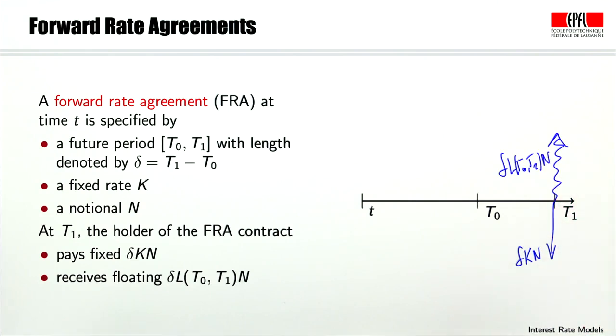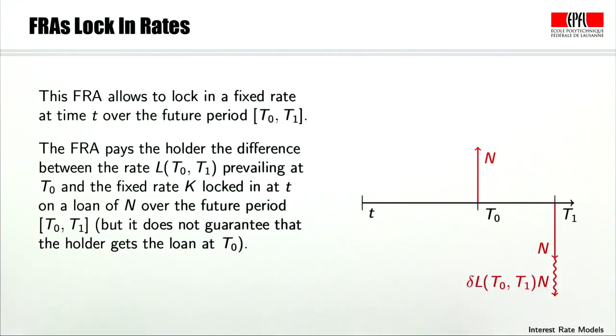This is called floating because this rate is only known at the future time point T0. This forward rate agreement allows you to lock in a fixed rate today over the future period [T0, T1].